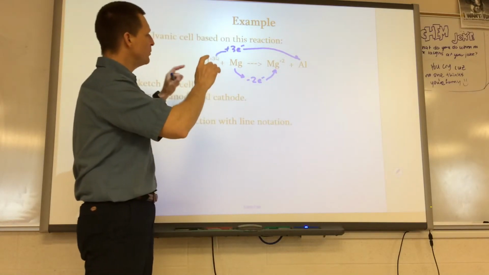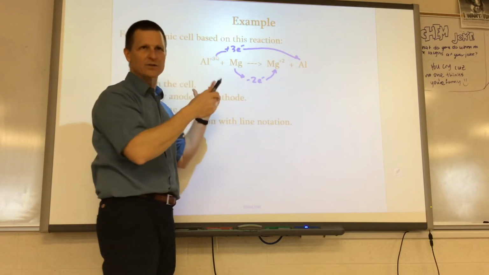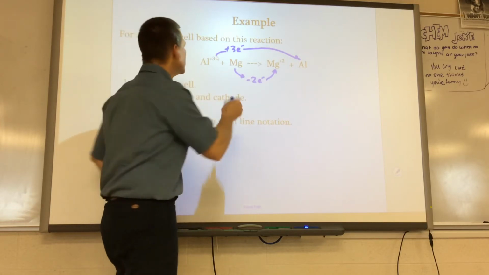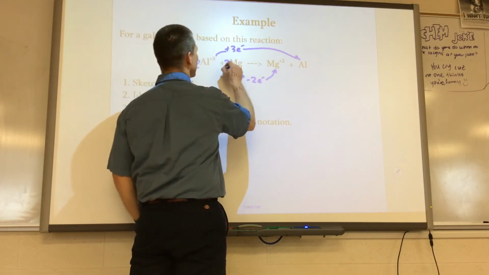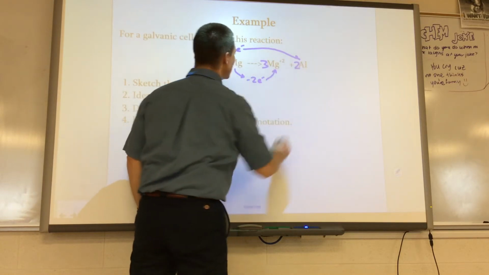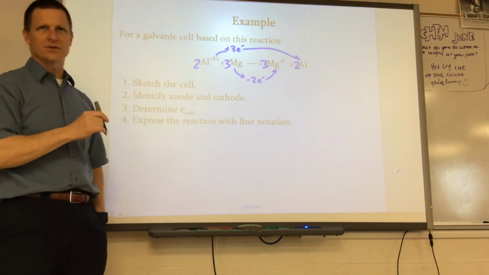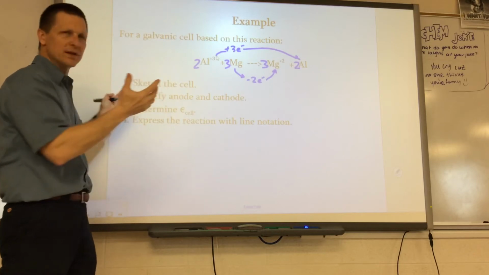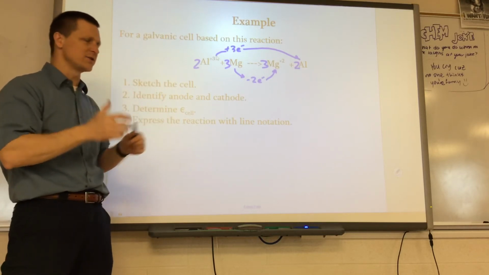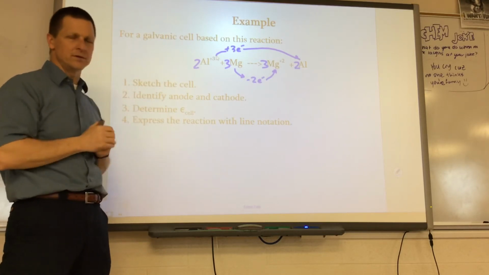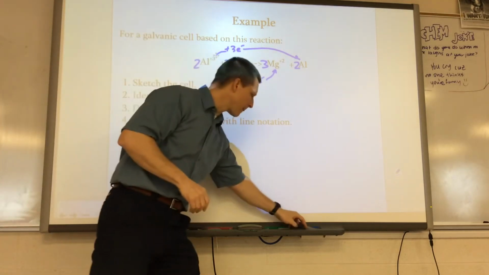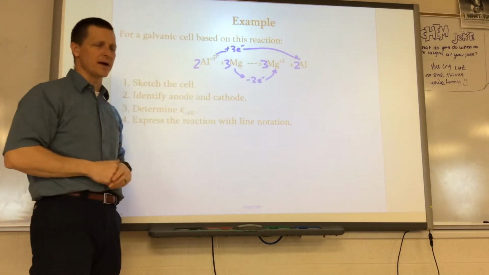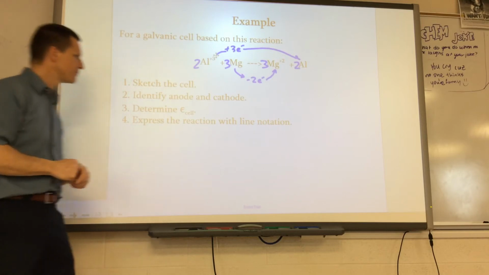So you would have to balance this by getting 6 electrons exchanged. That takes a 2 there, 3 there, 3 there, and a 2 there, for a total of 6 electrons. But the question doesn't ask you to calculate that, or to balance the equation, but that is the balanced ionic equation.